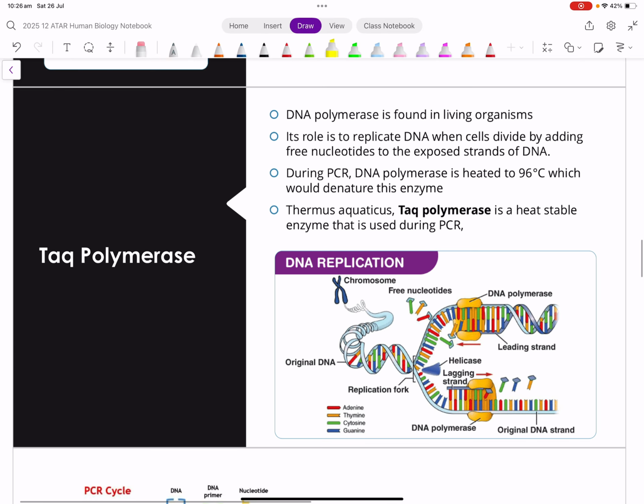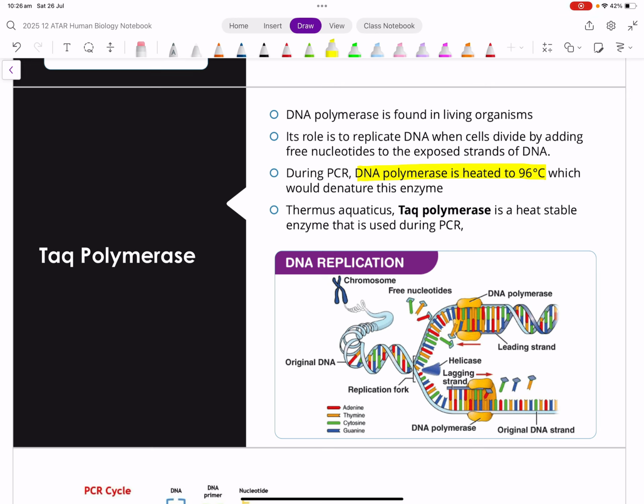A little bit more about Taq polymerase itself. I've just mentioned that it's heat-stable, and Taq polymerase is stable to about 96 degrees. If we increase the temperature any further, it would cause denaturation, and then the enzyme would change shape and it would no longer work. But fortunately, this is significantly higher than what we have with other DNA polymerases, especially the DNA polymerases in our human body.